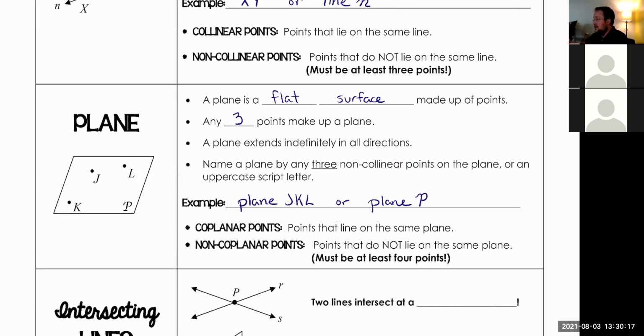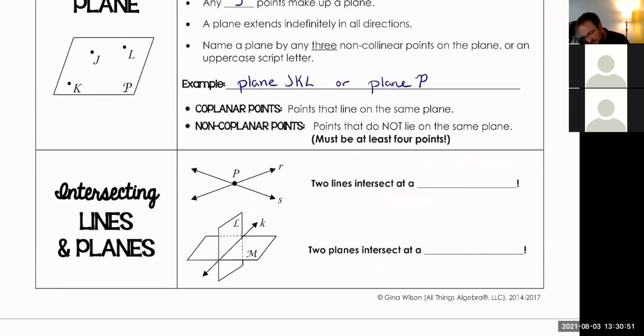So again, for example, imagine on your piece of paper on your desk, if I drew a bunch of points on that piece of paper, they are coplanar. They're all on the same piece of paper. It's a plane. But if I took something and drew a little point up here floating in space, now that new point is no longer coplanar because it does not exist on this sheet of paper. Now we've crossed over to a 3rd dimension, which gives us a whole new list of exciting things to do.